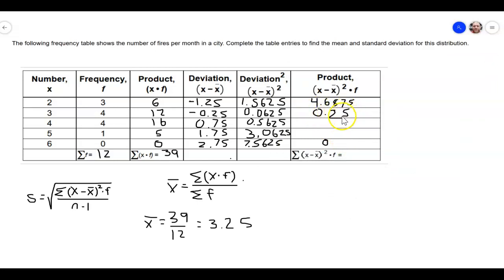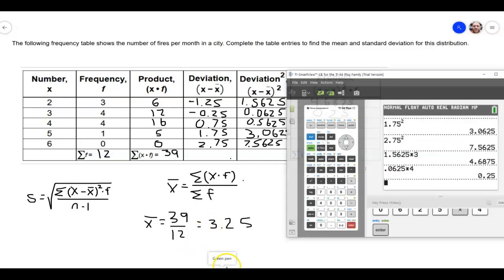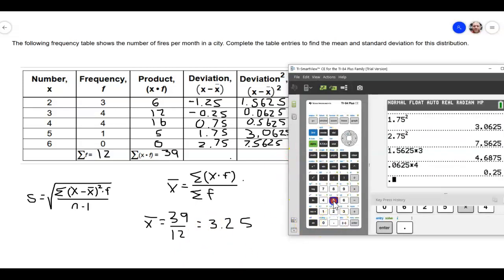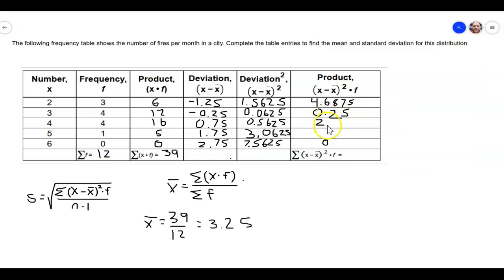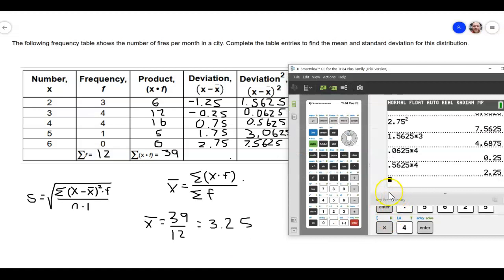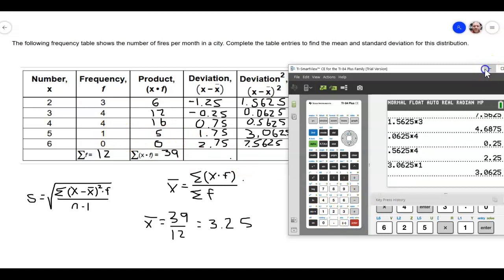And then we're going to have 0.5625 times that frequency of 4, which is 2.25. And finally we're going to have 3.0625 times 1, which is going to be that same number there.